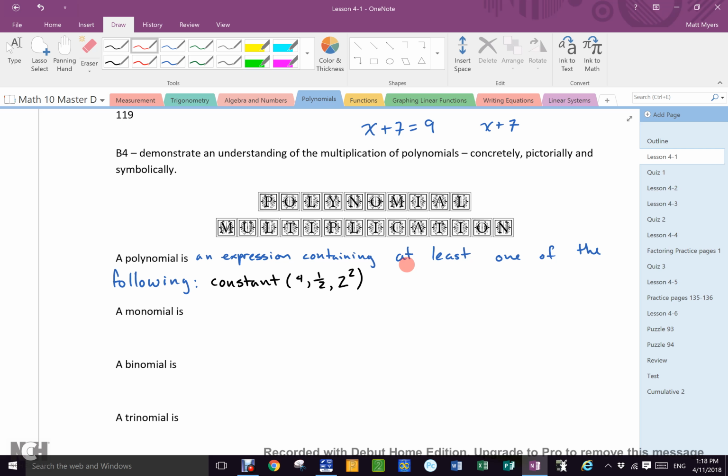Variables are things that do not have a solid value. They are unknown and they are changeable. How do we represent a variable in math class? We always use a letter, and we almost always use x, but it could be any letter, couldn't it? Does it have to be a letter? When we did trig, did we not have a variable that was not a letter? What was it?